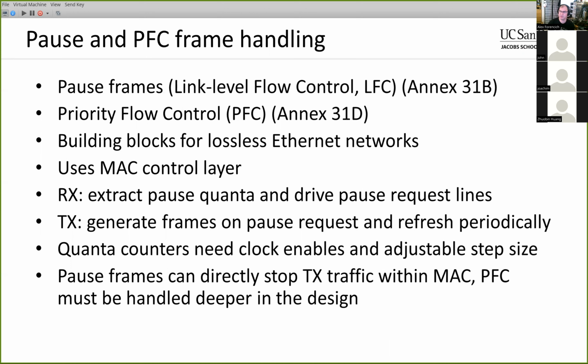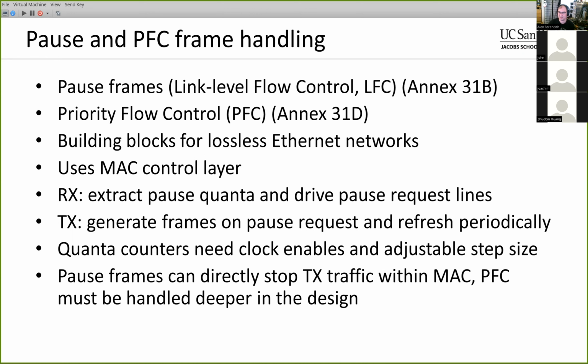The way both PFC and pause frames work is they contain pause quanta values. One pause quanta, I think, is 512 bit times. I should probably double check that, but I think that's right. So you have to make sure those counters are decremented appropriately, so that when you get a request to pause a link, it gets paused for the appropriate amount of time.